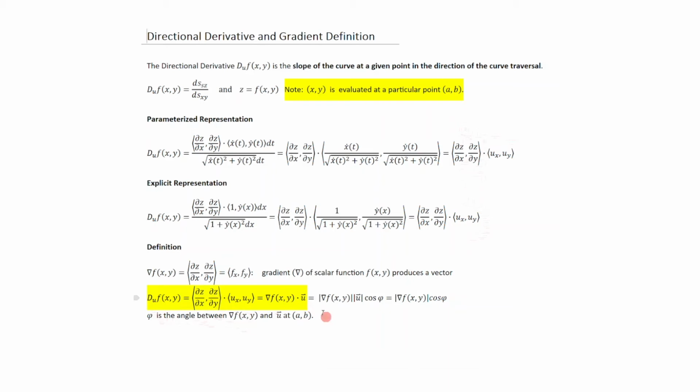This can also be written in terms of the magnitude of the gradient, the magnitude of u, which is 1, times cosine phi, depending on what the angle is between the direction you're going and the direction of the gradient vector, which is the direction in which the slope is a maximum, right? We were able to look at different scenarios. So if it's perpendicular, which is cosine 0, which means you're walking around the hill, which means the slope is equal to 0. And so this is something we covered in great detail in an earlier lecture.